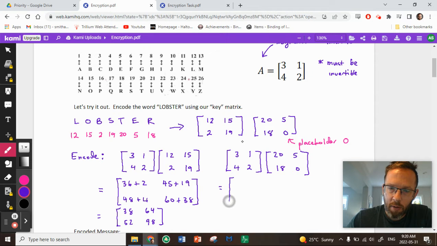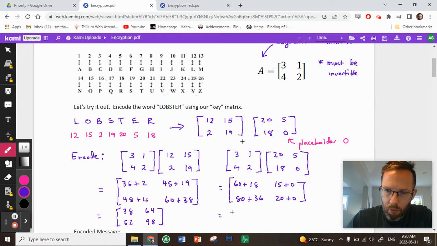Okay, and let's get our second. So that would be 60 plus 18, 15 plus 0, 80 plus 36, and 20 plus 0, which gives 78, 116, 15, and 20. So we've encoded our message now.